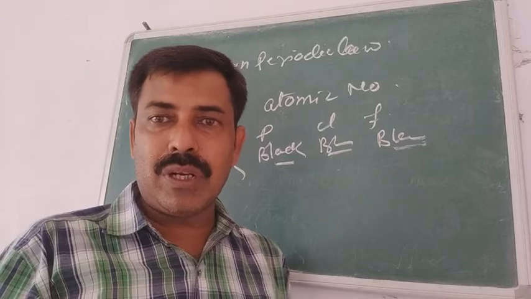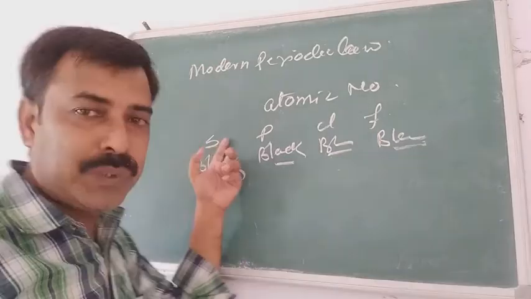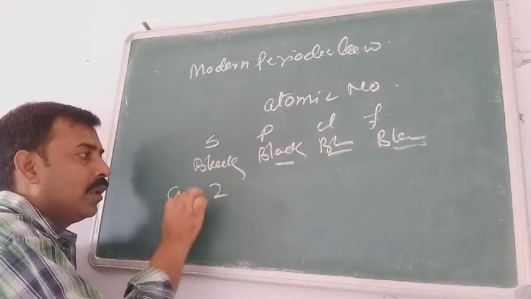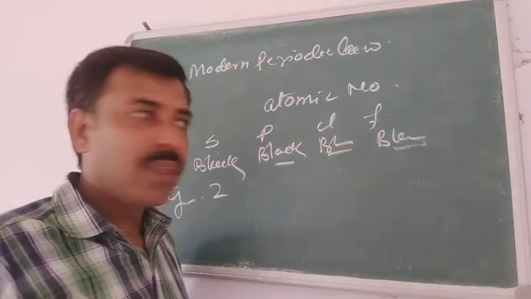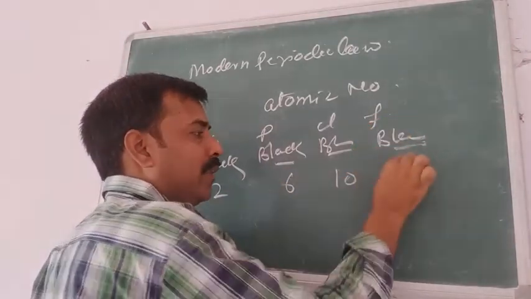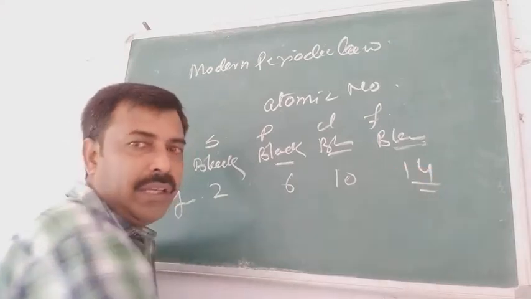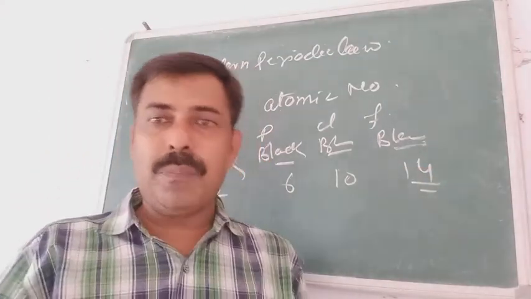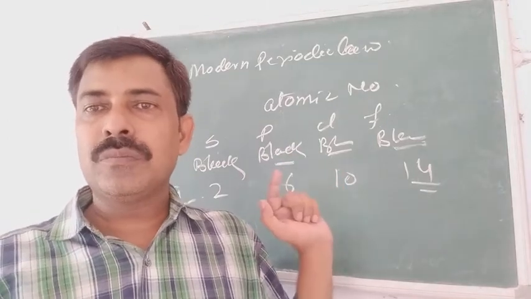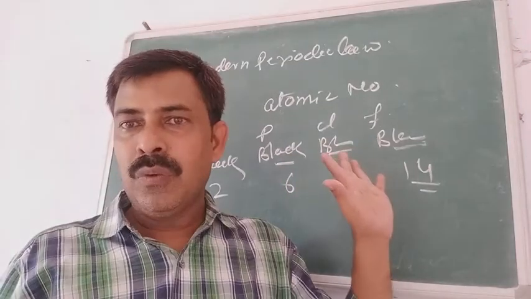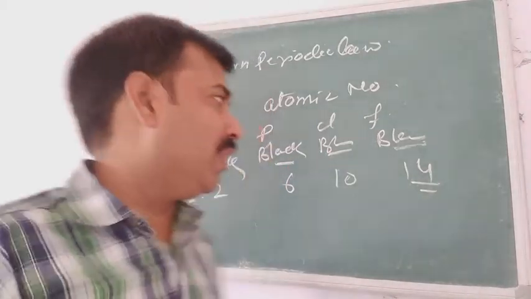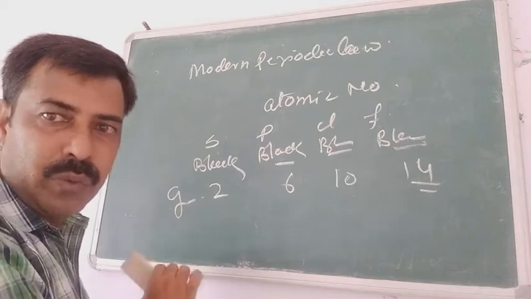How many groups will they contain? As the s subshell can contain a maximum of 2 electrons, there will be 2 groups in the s block. In the p block there will be 6, in d 10, and in f there will be 14. In this way we prepared the periodic table, the blocks and the groups. Now finally we came to give the shape to the periodic table, and we have given the shape to the periodic table. I am going to remove it.